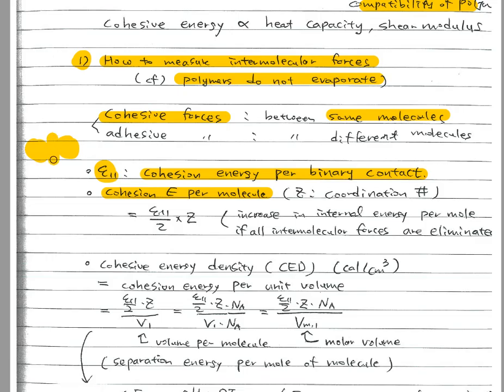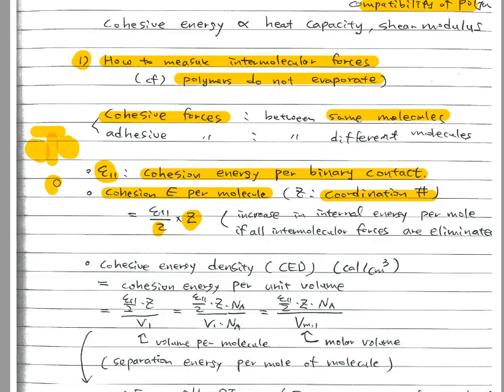if this is a binary contact, the interaction we just calculate, we double calculate, right? For this one and also for this one. Okay, so we need to divide it by 2, and also we need to multiply by coordination number. If there are only 2 molecules, it's 2.